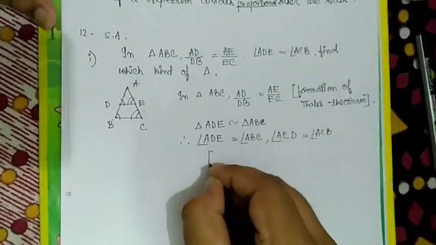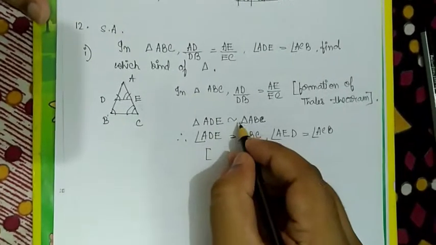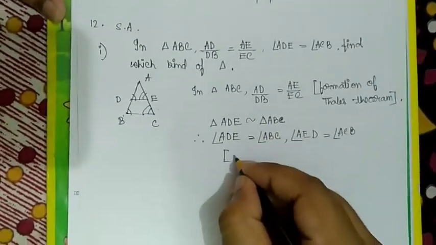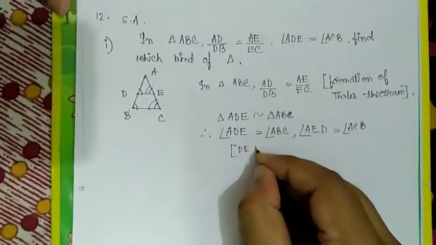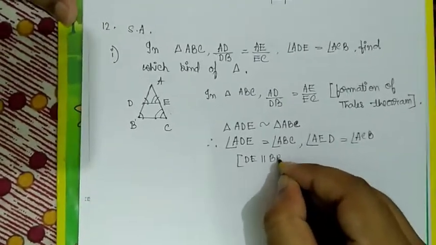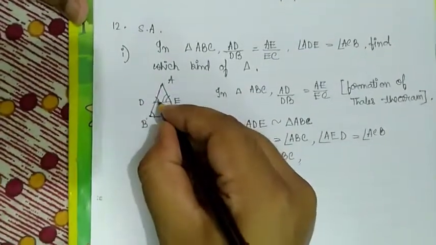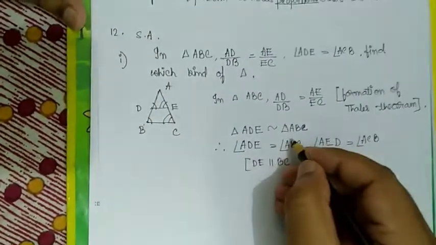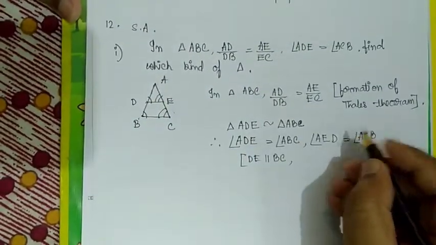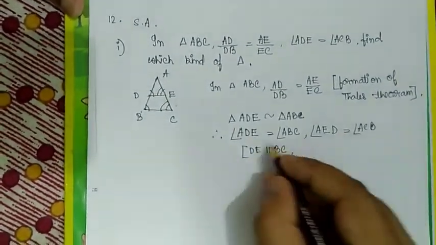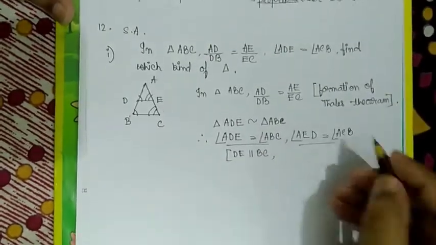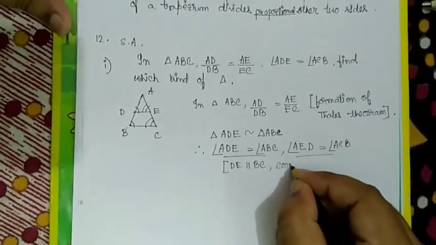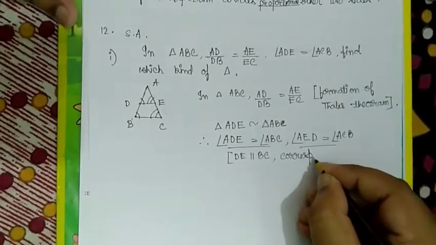Why? Because we know these two triangles are similar. That's why DE is parallel to BC. AB is the transversal in the first case and AC is the transversal in the second case. Therefore these two angles are equal in this pair and this pair, because these are corresponding angles.